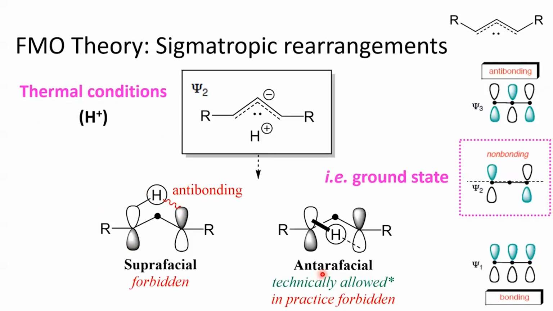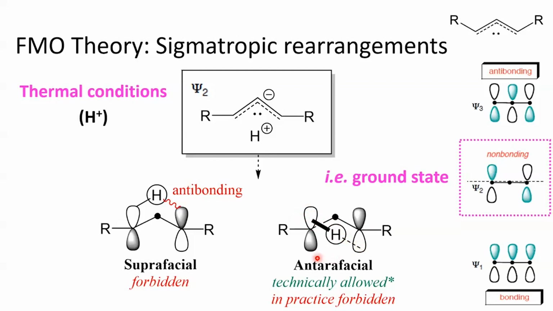If we instead consider antarafacial migration, we can see that via this diagonal pathway, whereby the hydrogen is going to wind up on the opposite side of the pi system, this technically looks allowed. We see constructive overlap between all of the orbitals whereby the hydrogen is going to transfer.